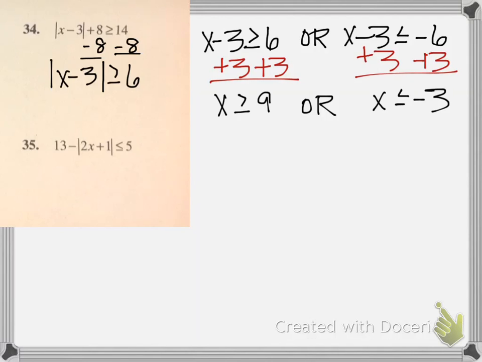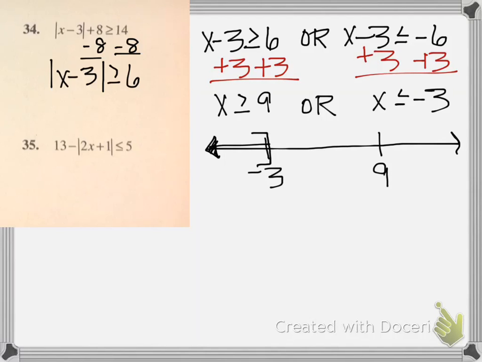I always find it helpful to graph if they're asking me for interval notation, because interval notation always looks like your graph. So I have -3 here and 9 here: less than or equal to negative 3, and I would shade to the left. Greater than or equal to 9, and I would shade to the right.